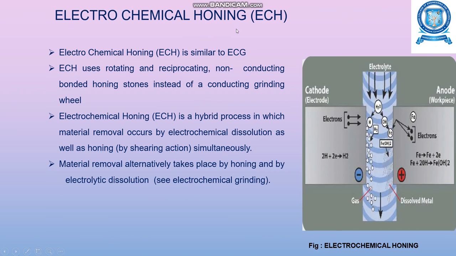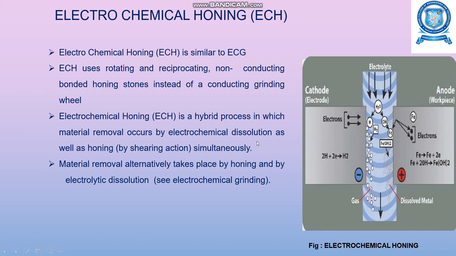And next is electrochemical honing. This electrochemical honing is almost similar to electrochemical grinding, and here electrochemical honing uses rotating and reciprocating non-conducting bonded honing stones, instead of a conducting grinding wheel.